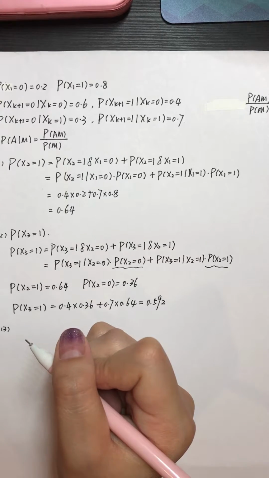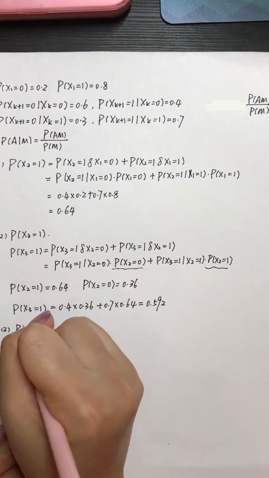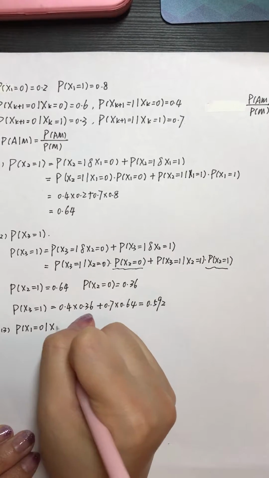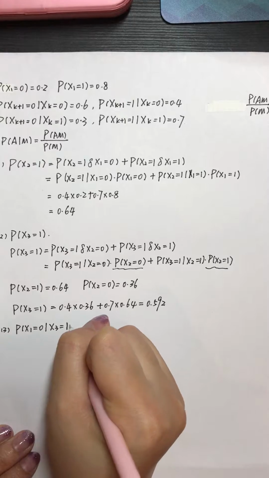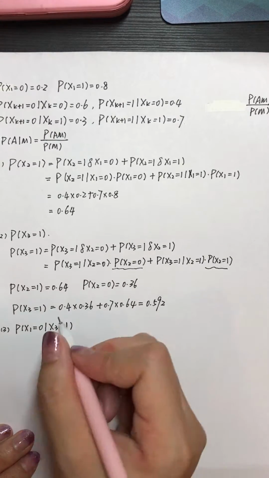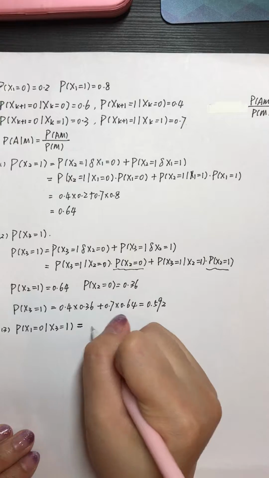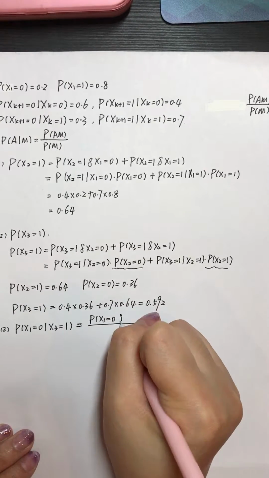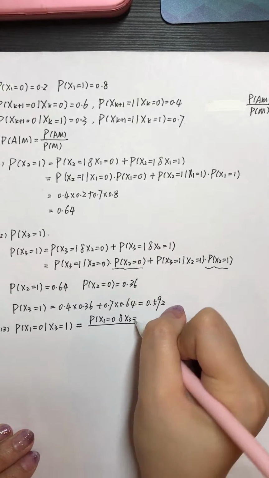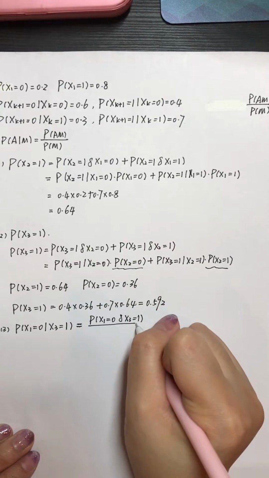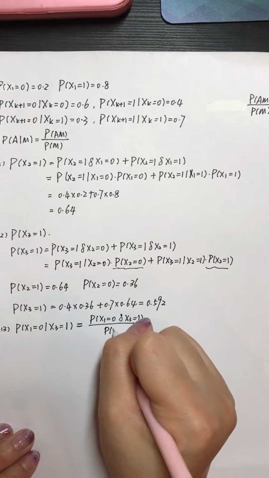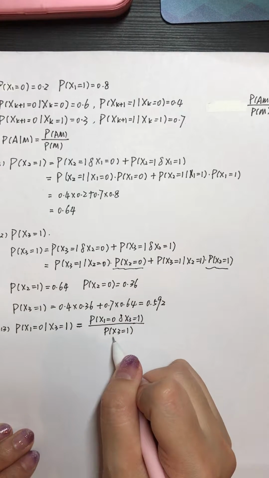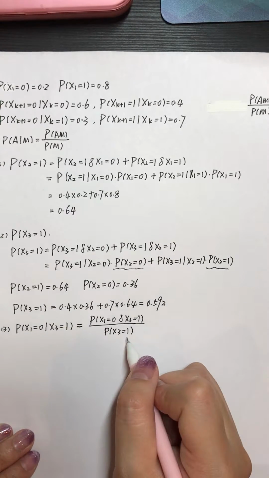The third problem is to find the probability of x1 equals 0, given that x3 equals 1. And this equals the probability that x1 equals 0 and x3 equals 1, divided by the probability of x3 equals 1.